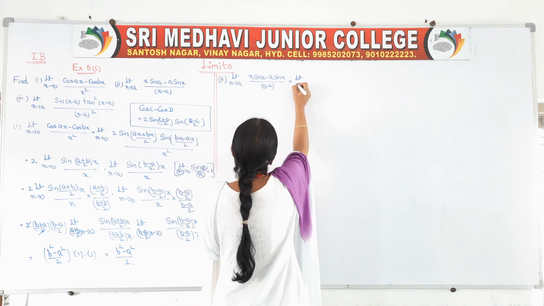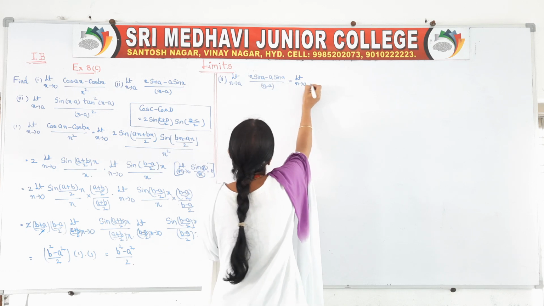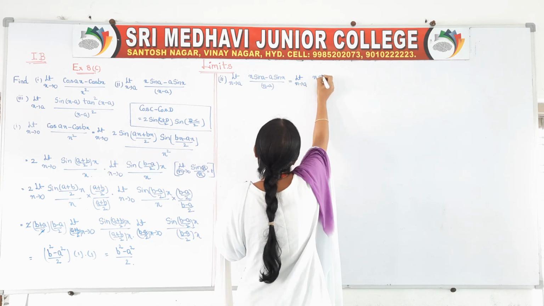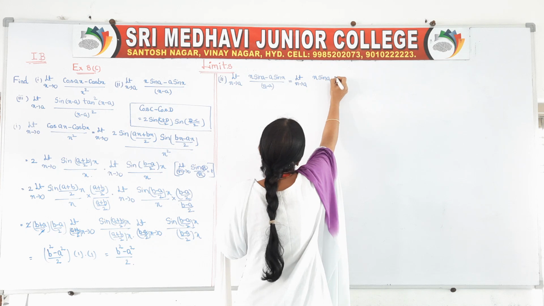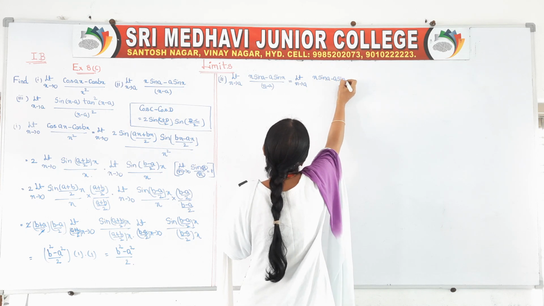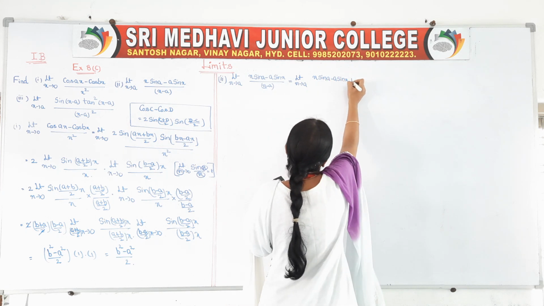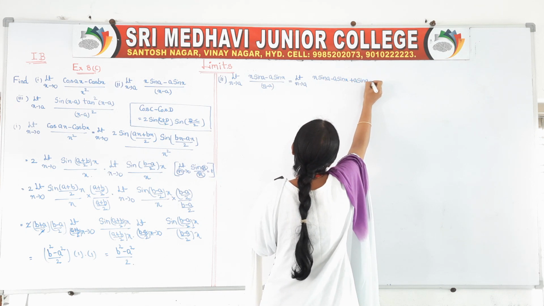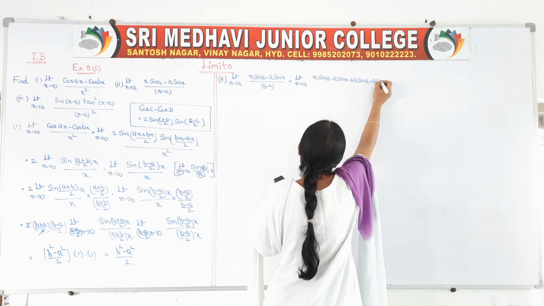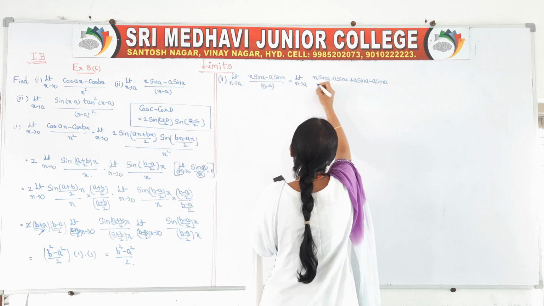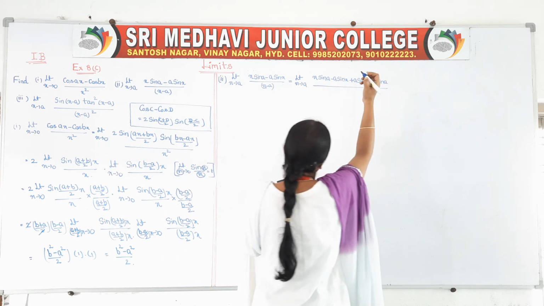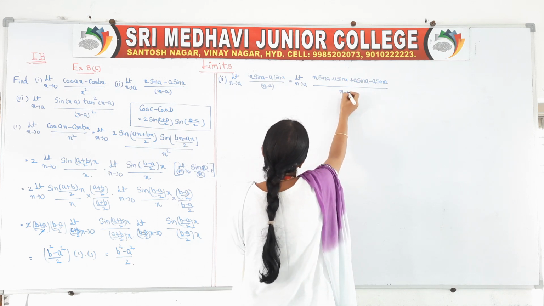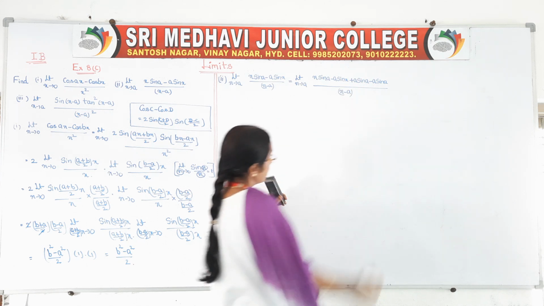Observe carefully. Limit x tends to a, x sin a minus a sin x. So a sin a is added and deducted to convert into standard formula form. We added and subtracted a sin a to the numerator.